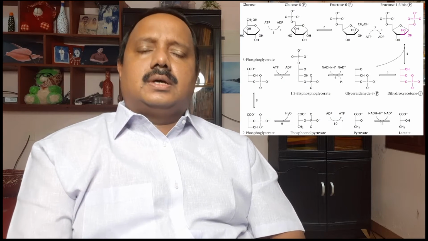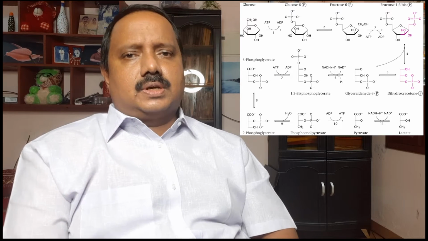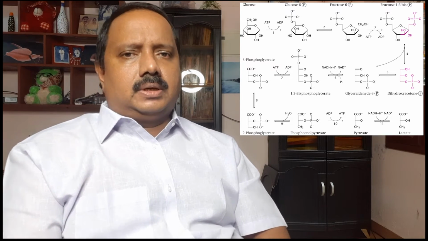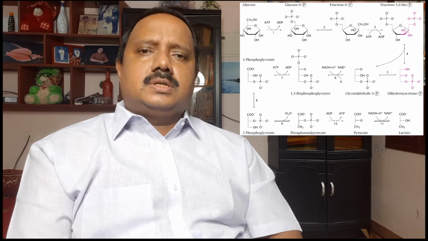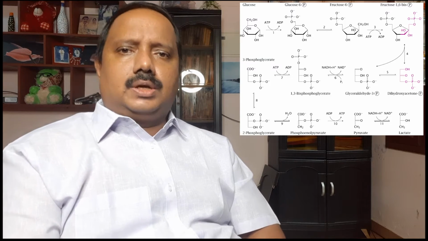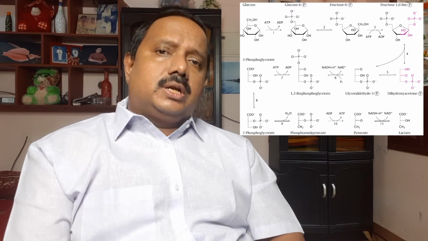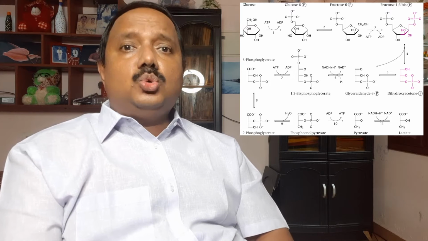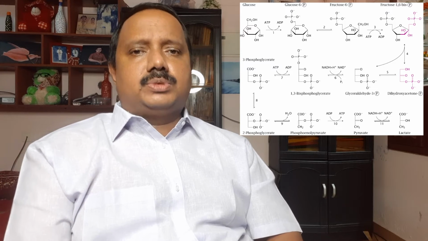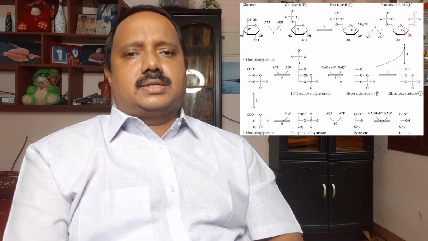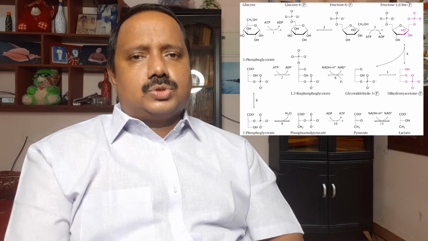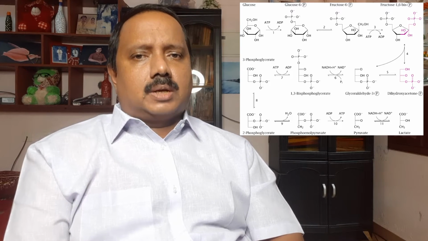Then the next addition of phosphorus takes place from ATP and fructose 1,6 biphosphate is formed. So in the initial two stages itself, two ATP molecules are consumed, and this can be considered as for the activation of glucose taking part in the respiratory process.